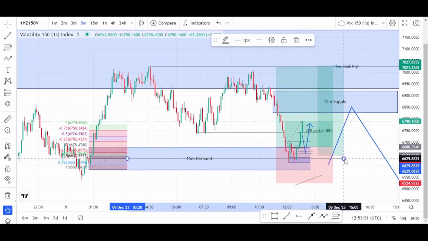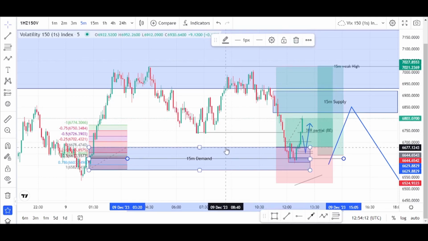Some traders like to take entries at the 50% of that demand zone, especially if you're using a high time frame. My advice, if you're going to enter at the H4 and do your confirmations in the 15 minutes, make sure that 50% of the lot size that you want to put is entered exactly at the top of that demand zone.